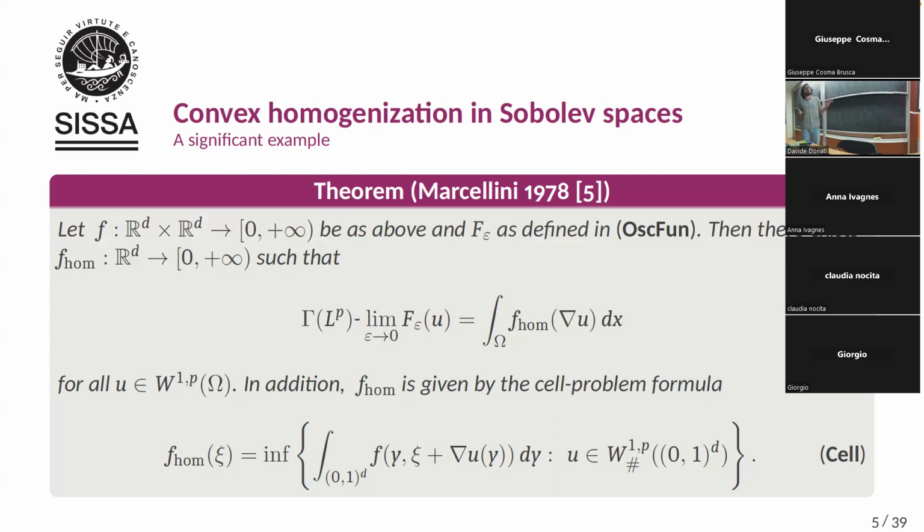And there is an explicit formula for this f_hom, which is given by this cell problem formula. So if you want to know the value of f_hom at any given vector psi, you have to solve this auxiliary minimum problem, where the dependence on psi is given here, and here we are perturbing by functions u which are periodic of period 1 and are in the Sobolev space W^{1,p}.